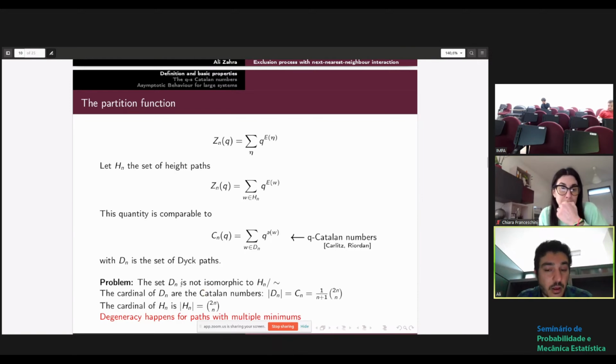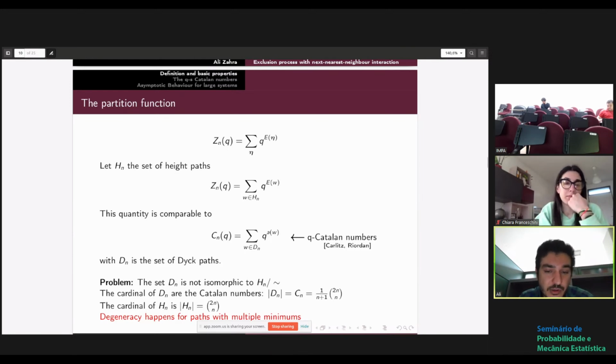Okay, but if you have paths with different minimums, then each time you correspond your path to one Dyck path through a minimum, you can correspond two different paths to the same Dyck path, because you can translate them from different minimums.